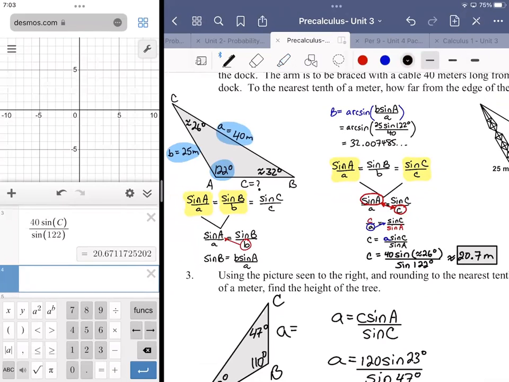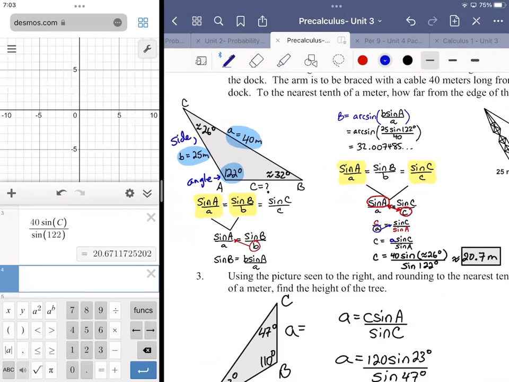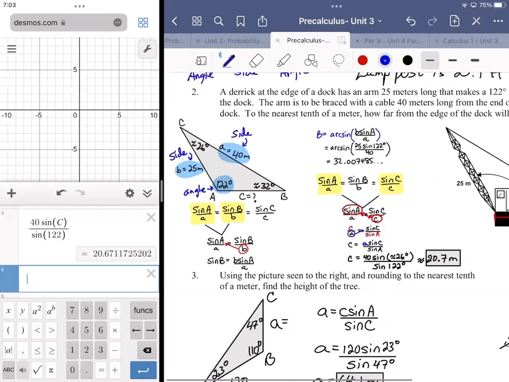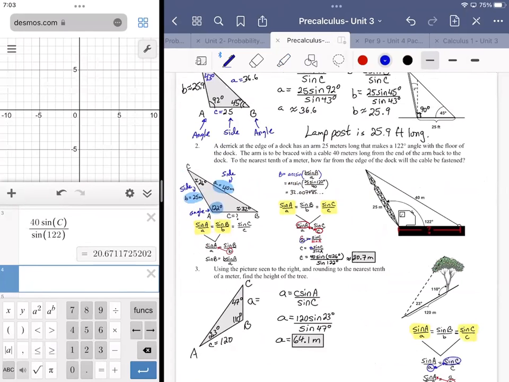That was an angle, a side, and a side, but the angle was not contained between the two sides like it would be for SAS. So that made things a lot more complicated. Or interesting, depending on how you look at it.